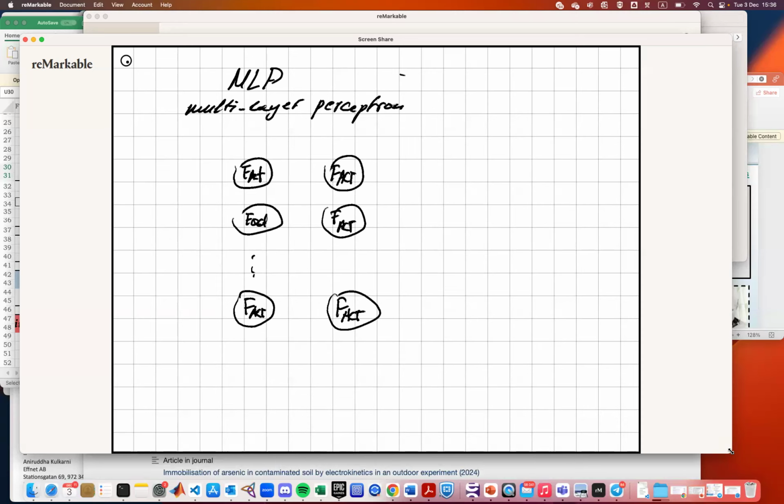Which essentially reflects this high-level interaction between initial features. So if you have this x1 through xn, you have this kind of structure.